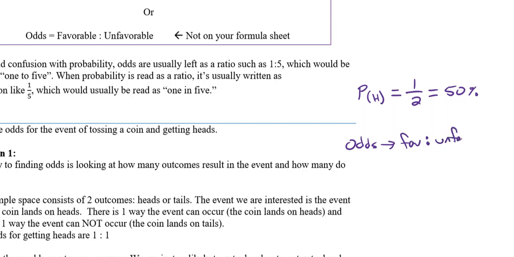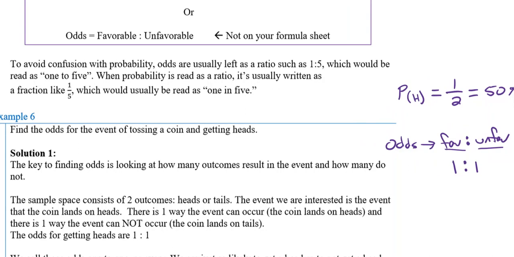So what that means in our case, with the odds of getting heads, is just 1 of getting the heads, and then the unfavorable will be getting tails, so that'd be 1 to 1. You'd say you have 1 to 1 odds. Okay? 50% probability, but 1 to 1 odds. Favorable to unfavorable.